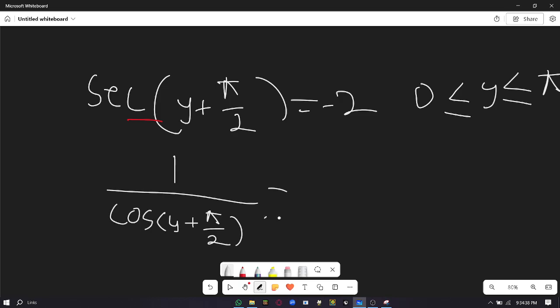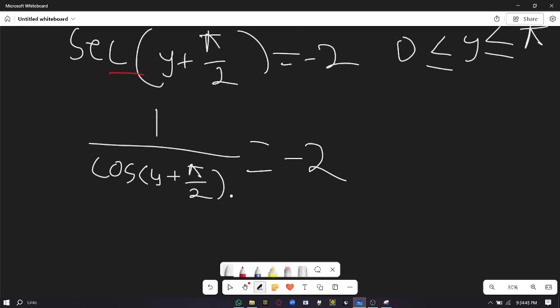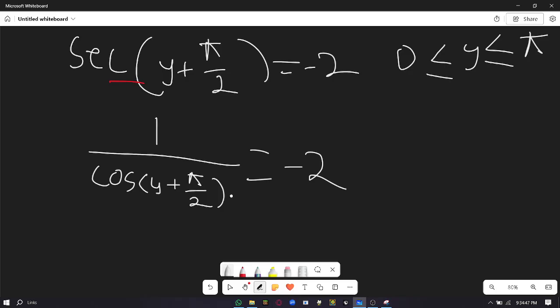The thing that's different this time from last time is that I can't break this 1 over cosine into any simpler forms. So, firstly, go to your calculator and change your mode.